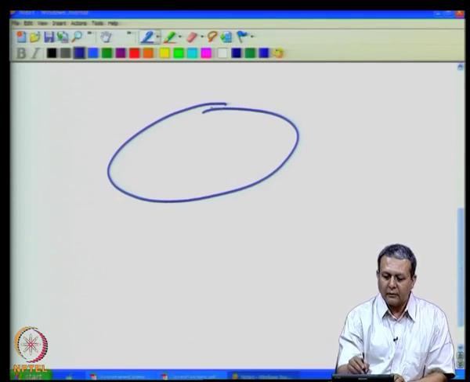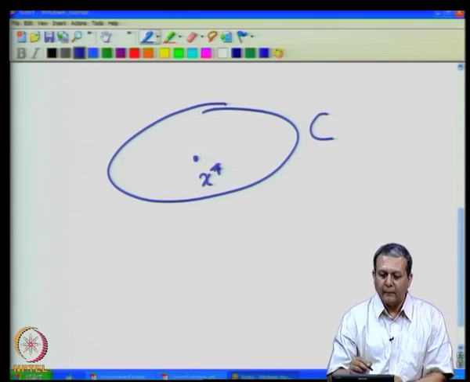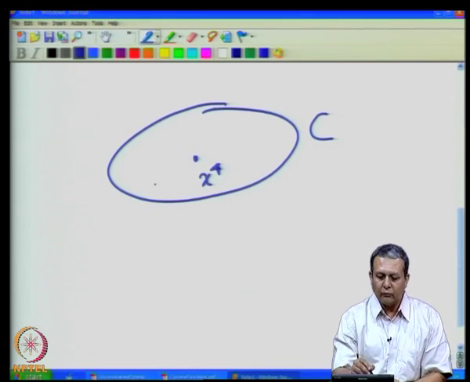So, this is our compact convex set C, and then suppose that x star is a point which is in the interior. Now, what we are doing is that we are trying to find a line passing through x star and which cuts the set C at some boundary points, say x1 and x2.